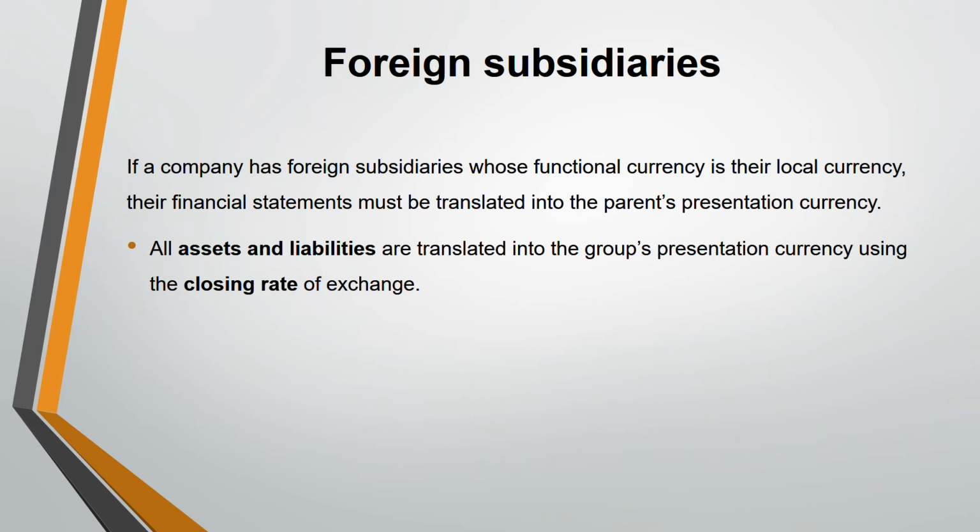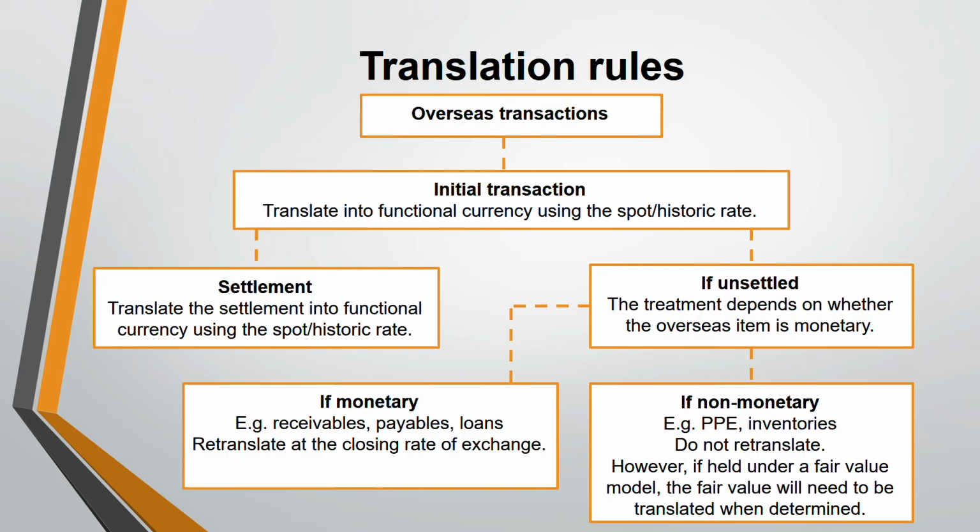Now we are coming to item by item. That's the general rule we translate, but how do we translate and what rate? It depends on which item we are translating. For assets and liabilities, that means all the statement of financial position items will be translated using the closing rate. All assets and liabilities. But when we went here, you see assets and liabilities are separated, whether monetary or non-monetary.